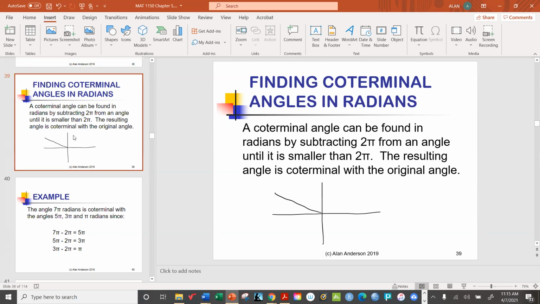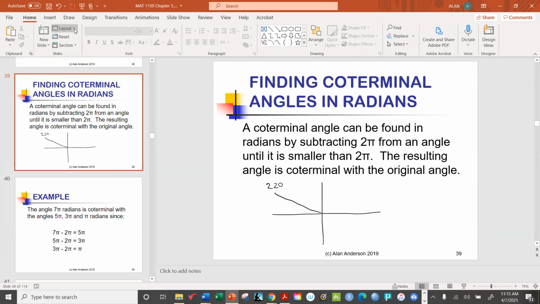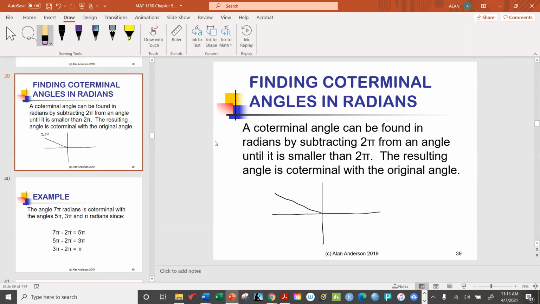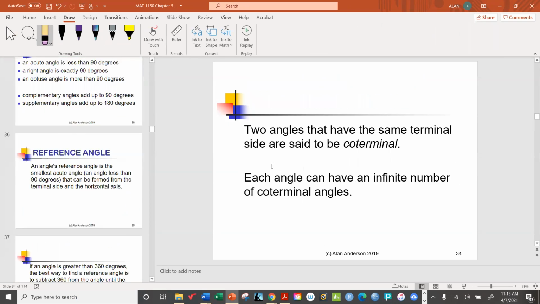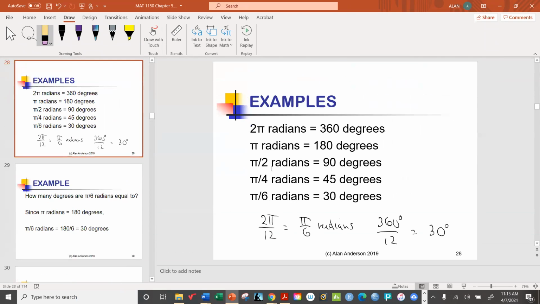I think it was 220. You know, I'll tell you what, let's make one that's really more convenient than that. One that has an even number of radians. Let's go back and look at our chart for a second. A radians chart.